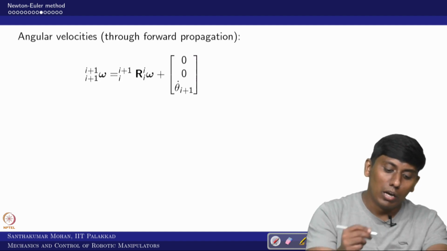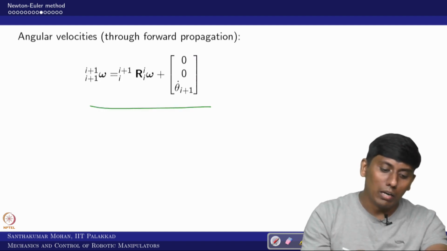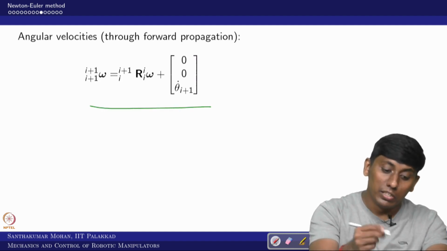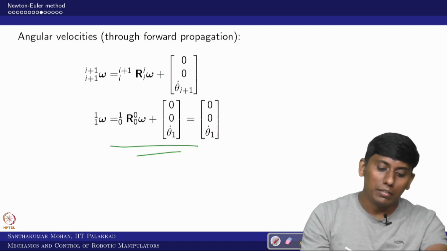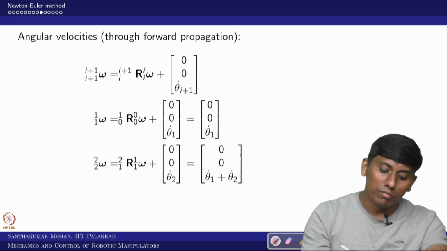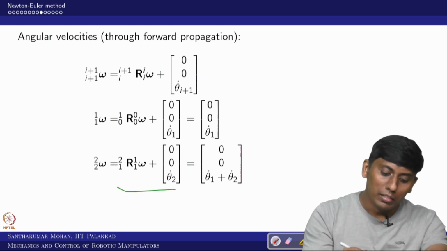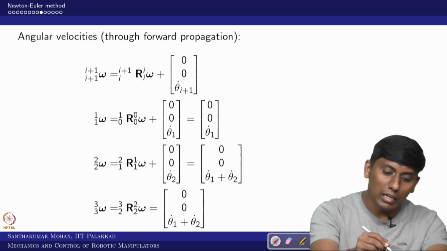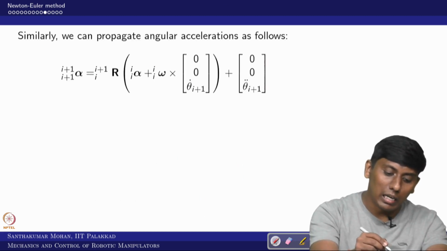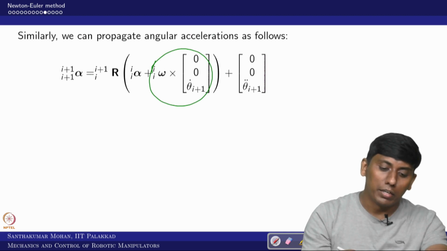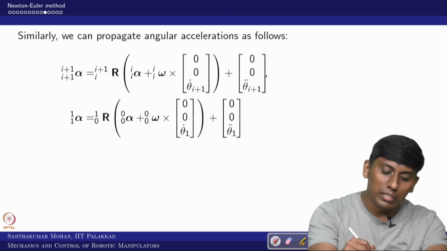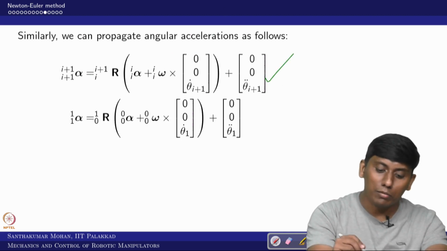Now we will go to the angular velocity propagation, which we have done in the last class. So this is what we obtained, and we will go to the second. This is also obtained, and the third quantity we can calculate. Similarly, we can calculate the angular acceleration where the gyroscopic effect is coming. Then you can see the corresponding angular acceleration component is coming.